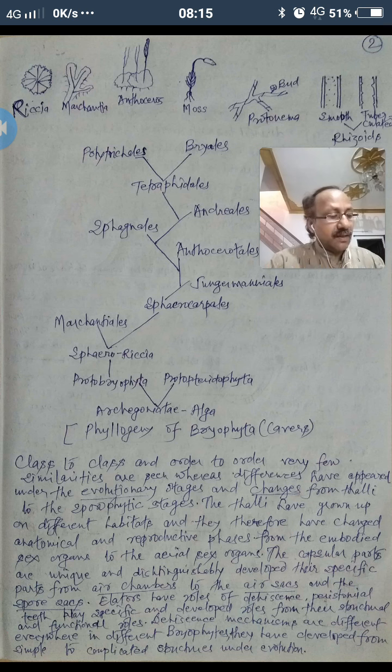The thalli have grown on different habitats, and they therefore have changed anatomical and reproductive phases from the embedded sex organs to the aerial sex organs. The capsular parts are unique and distinguishably develop their specific parts, from air chambers to the air sacs and the spore sacs.